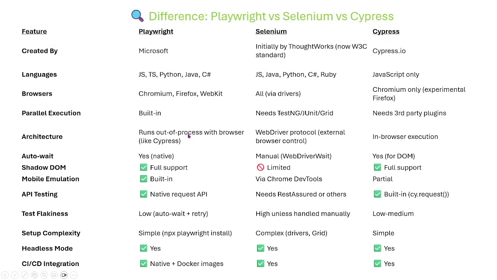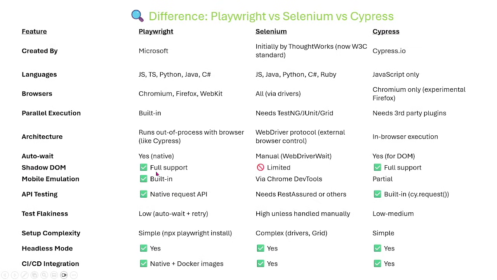Architecture: Playwright runs out of process with the browser. Selenium uses the WebDriver protocol for browser execution. Auto wait: Playwright has auto wait, Selenium needs manual coding, and Cypress is yes.